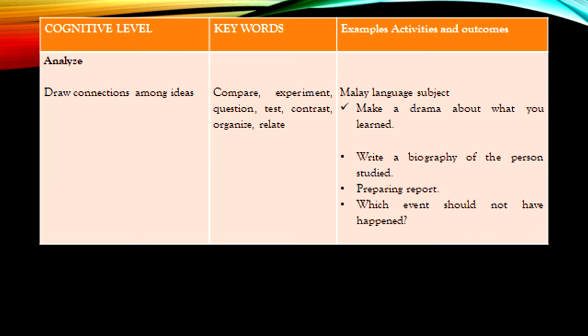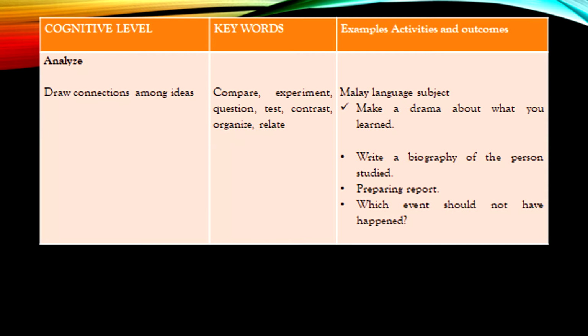Keywords for analysis: compare, experiment, question, test, contrast, organize, relate. Here are some useful activities to develop thinking at the analysis level. Try the following activities after you have finished reading a story or topic.